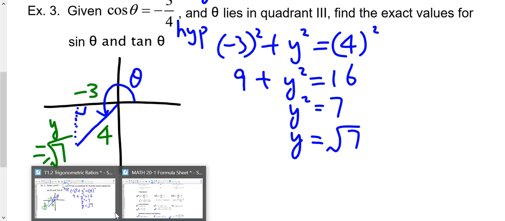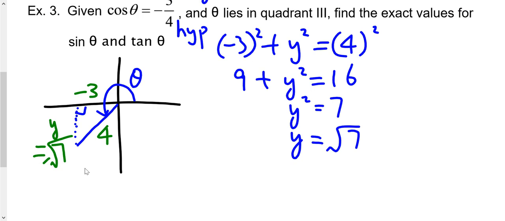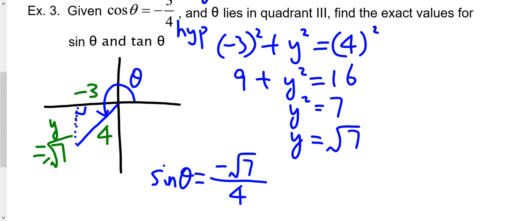So let's do sin here. Sine theta is opposite, which is negative root 7, over hypotenuse, which is 4. Done.